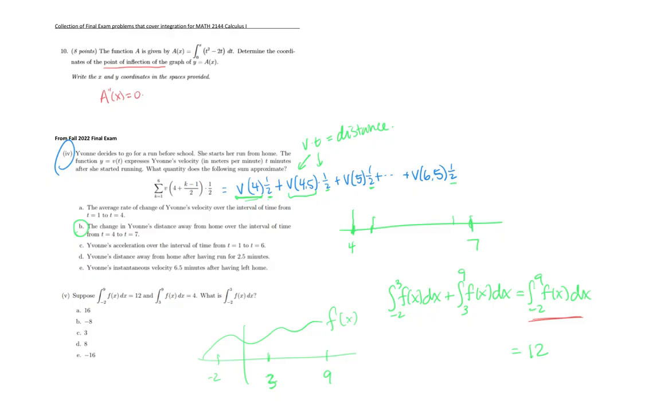And I'm also given a value for this one, I know that that is equal to 4. So I can solve for this one. The integral from -2 to 3 should be 12 minus 4, so that should be 8.